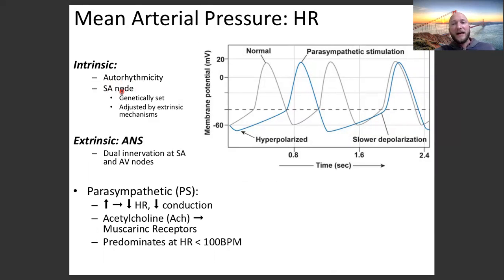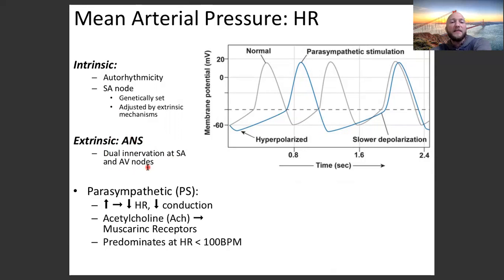Because of overdrive suppression, it is the typical heart rate setting tissue. There is a genetic component, and it can be adjusted by extrinsic mechanisms. The SA and the AV nodes both have dual innervation, and I do want you to know that.